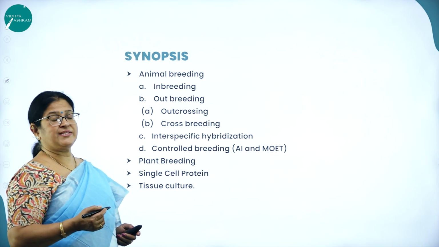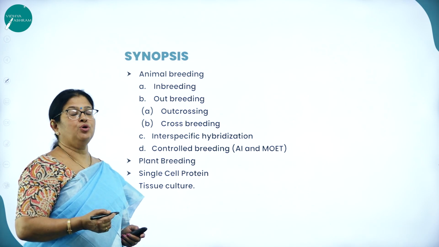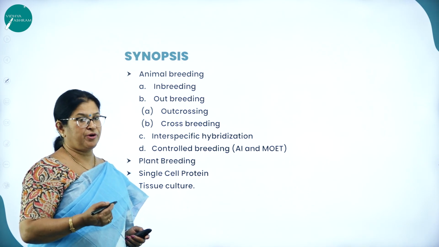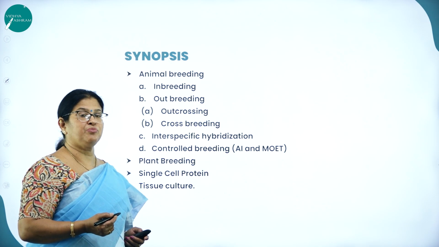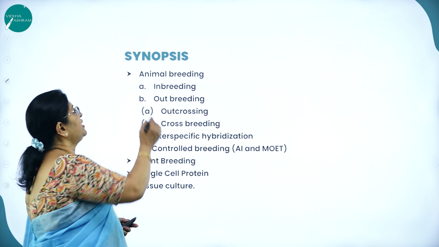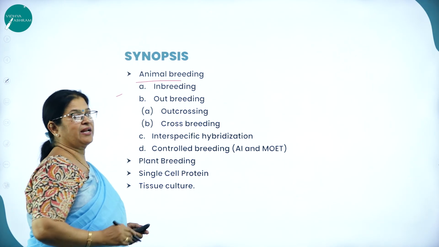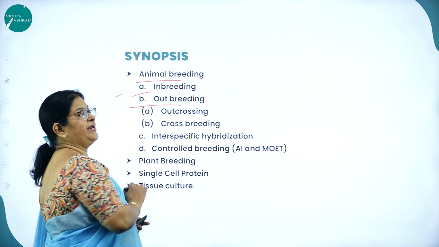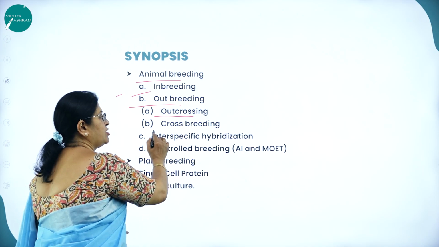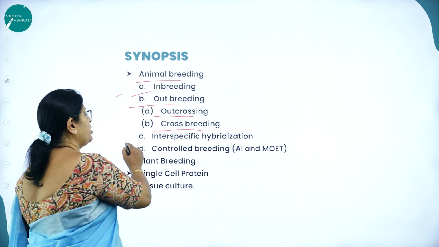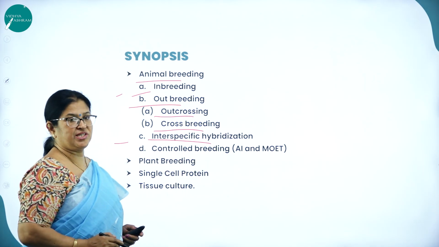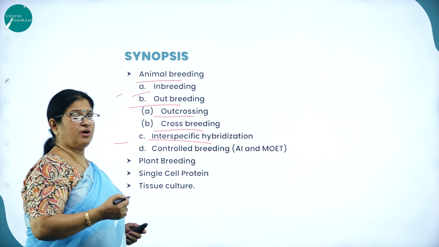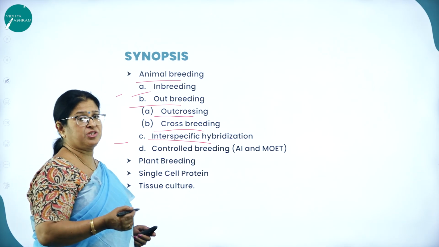As I said, we cannot stick to the good old conventional methods for food production. We need to come out with modern techniques. What are the techniques applied in animal breeding? They are inbreeding and outbreeding, and in outbreeding it is outcrossing and crossbreeding. Then interspecific hybridization, where we come across crossing between two different species.